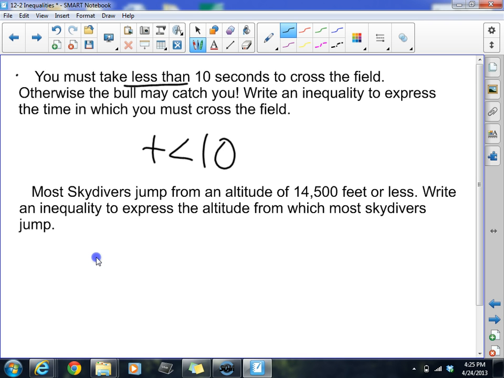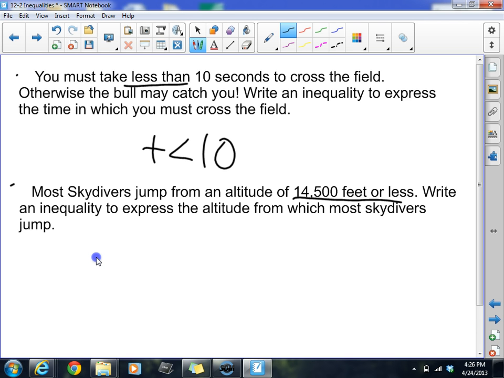Okay? Let's do one more. Most skydivers jump from an altitude of 14,500 feet or less. And this is key. Write an inequality to express the altitude from which most skydivers jump. Now the key is, they can jump from 14,500 feet, or they can jump from less than 14,500 feet. So it can include 14,500 feet.